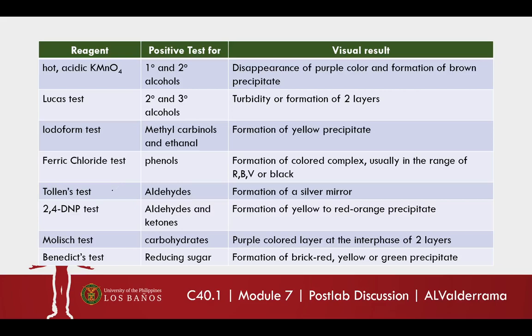For DNP test, this is a general test for carbonyl groups, particularly aldehydes or ketones. Molisch test ay general test for carbohydrates, and Benedict's test is general test for reducing sugar. So, yung reducing sugar natin is dictated if meron kang free anomeric carbon present in your carbohydrate. Okay?